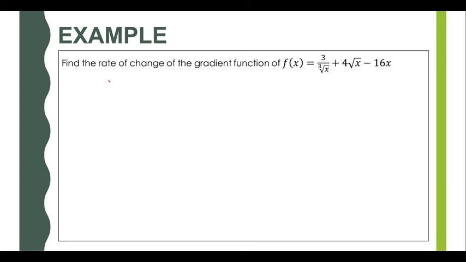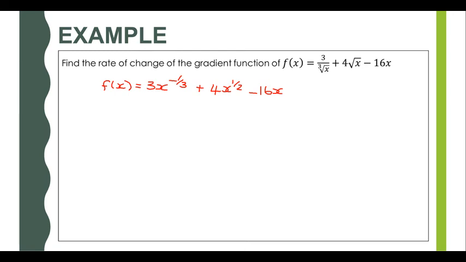So that gives us f of x is equal to, again we can use the fact that we can bring the power from the bottom and write it on the top with a negative power, but the cube root is the same as a power of a third, so that overall gives us minus 1/3 plus 4 root x is the same as x to the power of a half minus 16x.